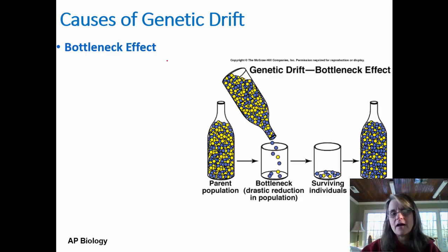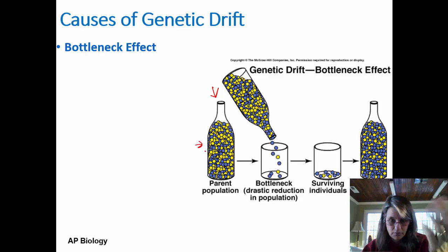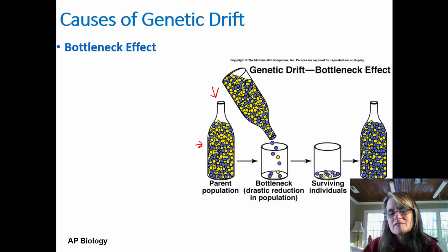Bottleneck effect, you have in this illustration this bottle full of the parent population. This is their gene pool, the blue genes and the yellow genes, marbles. But a bottleneck is when just a few of these genes are allowed to make it to the next generation. Maybe a bunch of organisms get killed off, and by chance, just this very few genes are left behind in a very few organisms to reproduce.